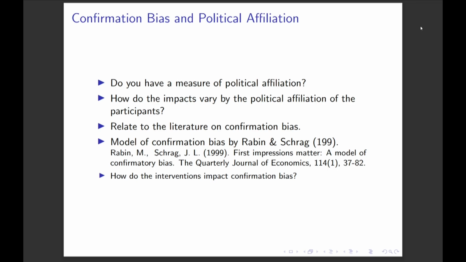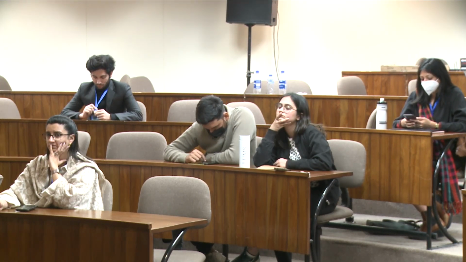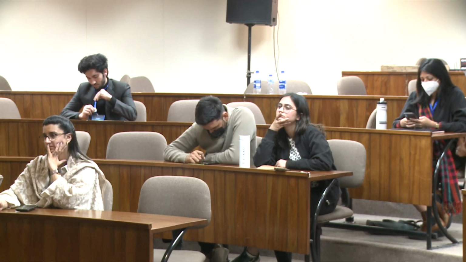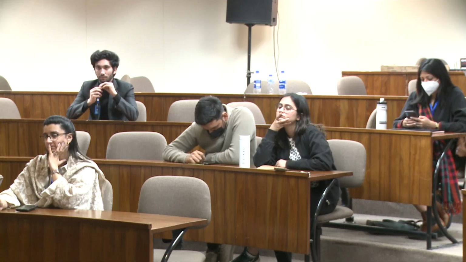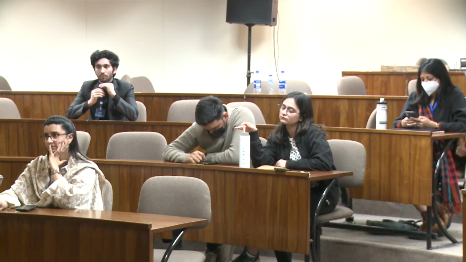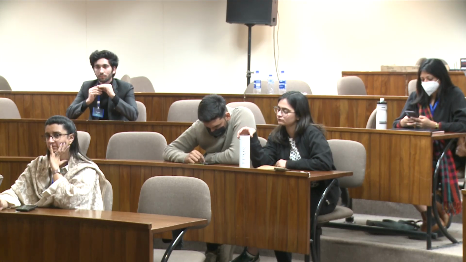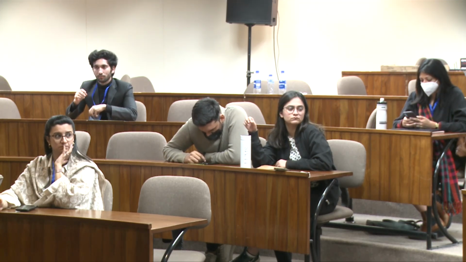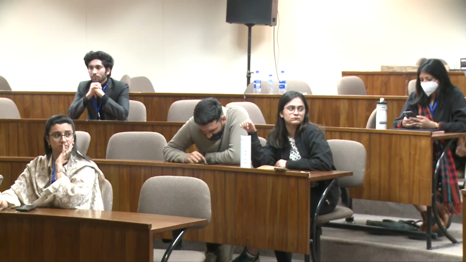One thing that I was expecting you to show in the heterogeneity is how these effects vary by political affiliation. You have pro-PTI and pro-PMLN news, and I'm guessing you will have some information about their political affiliation, which party they voted for in the last election, or something like that. There's a lot of literature on confirmation bias. I've cited this paper by Rabin and Schrag, where they have a model in which people tend to reinforce their beliefs.